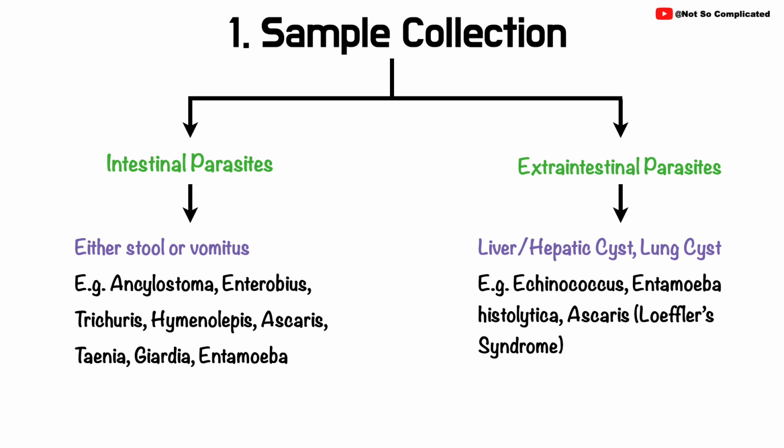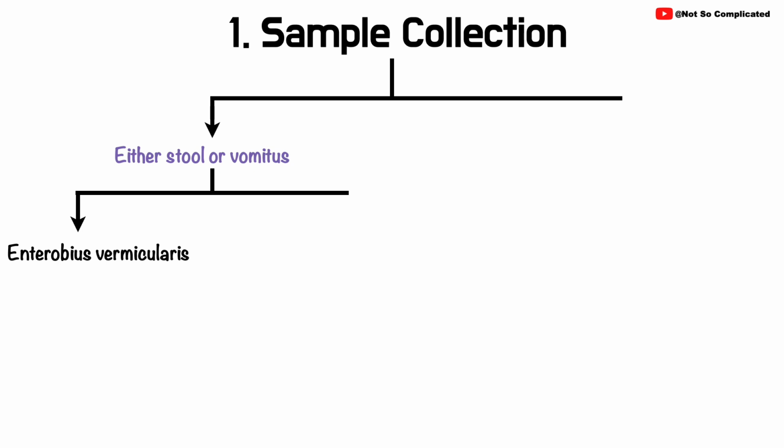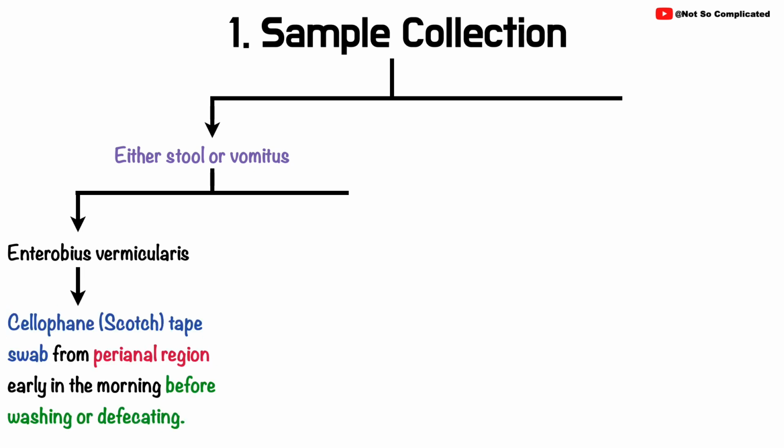So what is the method of the collection of these samples? Talking about stool or vomitus, how do we collect the stool? In the case of Enterobius vermicularis, it is a cellophane or scotch tape swab from the perianal region early in the morning before washing or defecating.